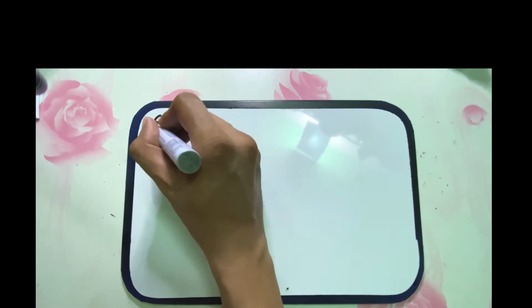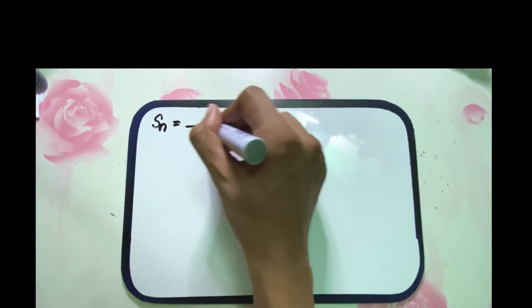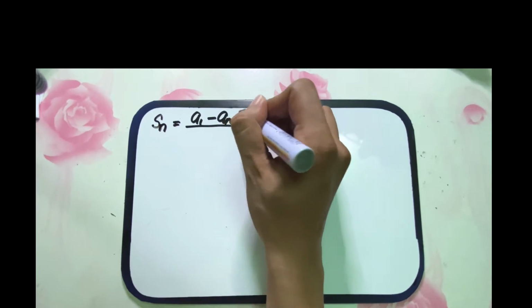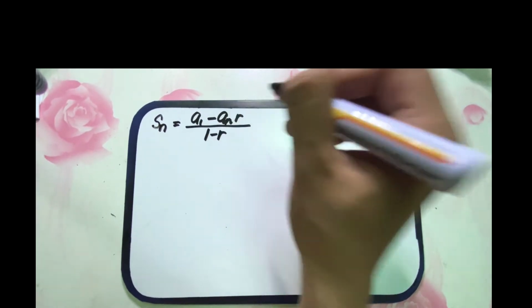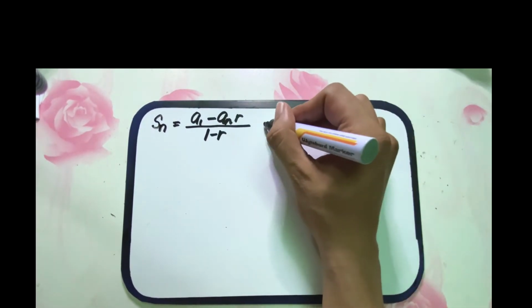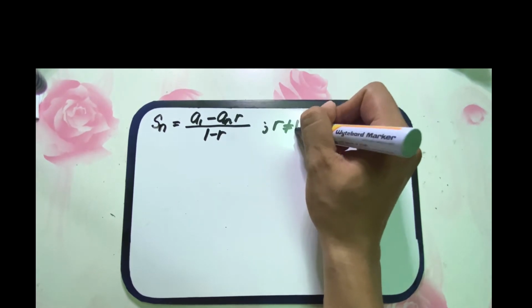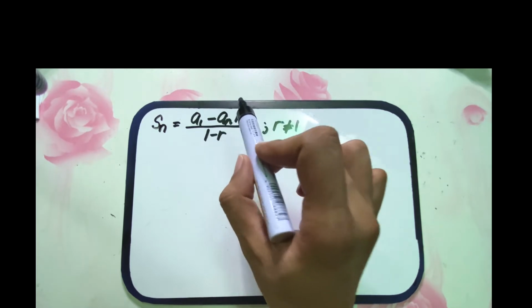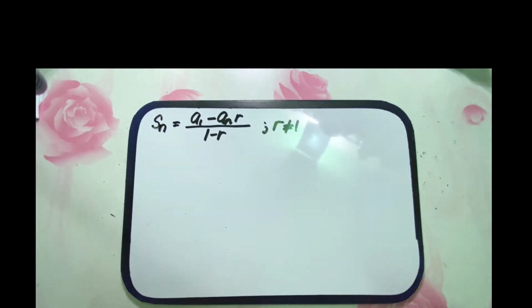Okay, we have the second case or the second formula. We have S sub n is equal to a sub 1 minus a sub n times r, all over 1 minus r, where the ratio is still not equal to 1. The difference here is that a sub n is given, or shall we say the geometric sequence is finite.